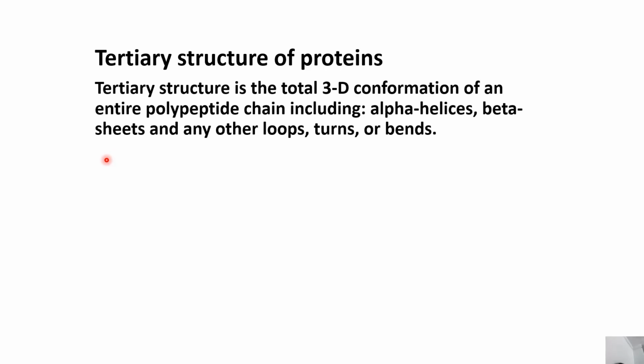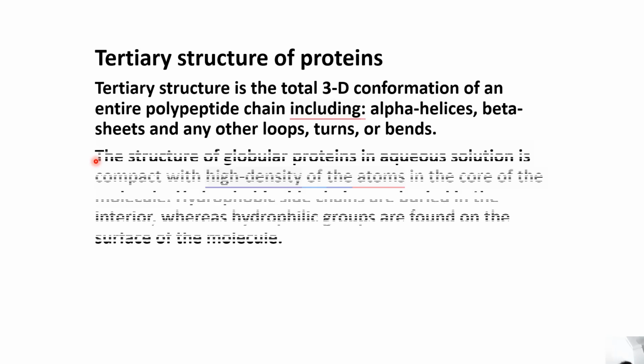Tertiary structure, very important. Tertiary structure is the total 3D conformation of the entire polypeptide chain, including alpha helices, beta sheets, and loops or turns or bends.